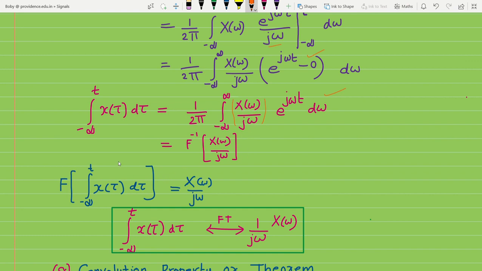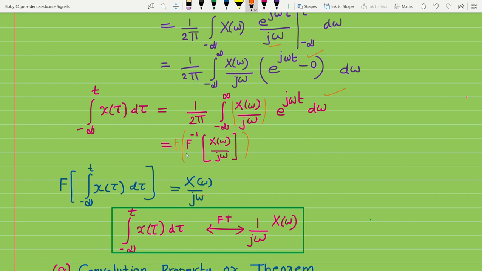Now we are taking the Fourier transform on both sides. On the left hand side, the Fourier transform of integral minus infinity to t x of tau d tau, and on the right hand side the Fourier transform of the inverse Fourier transform of X of omega by j omega. So we are taking the Fourier transform of the inverse Fourier transform, which is nothing but X of omega by j omega.